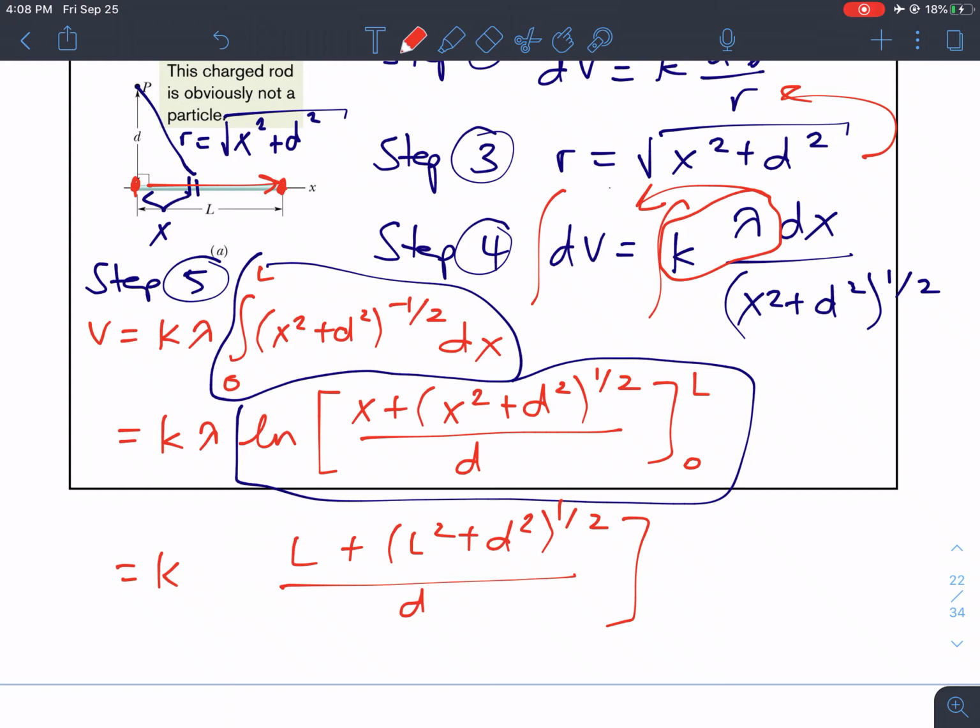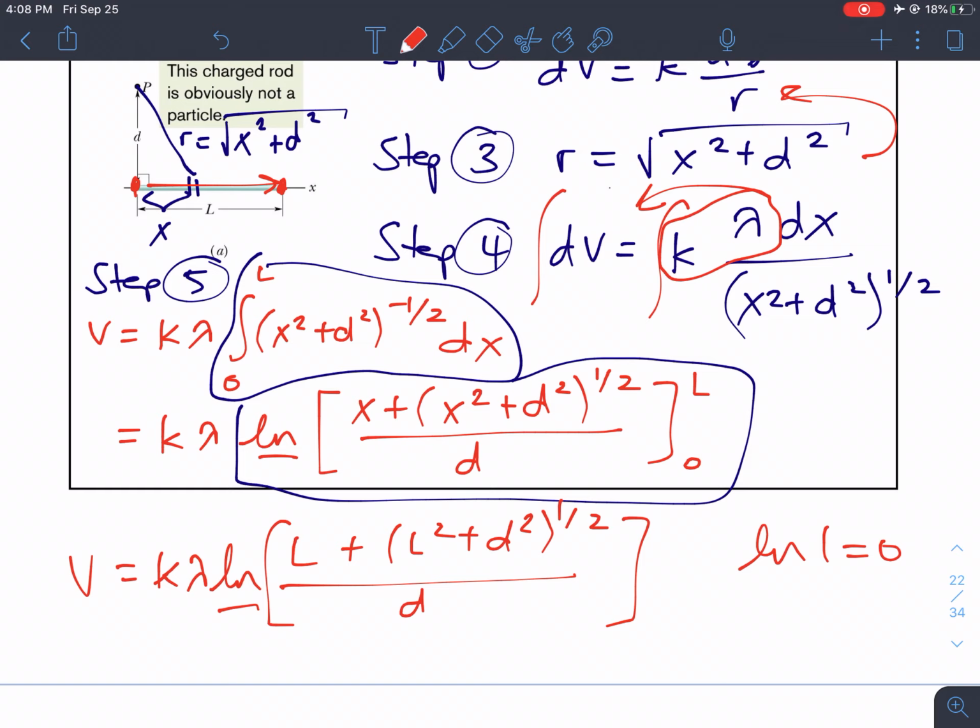This is k lambda times the natural log of this function, and that is the potential. And there was a minus 1, but ln 1 is simply 0. So that's why I'm not putting it in here.